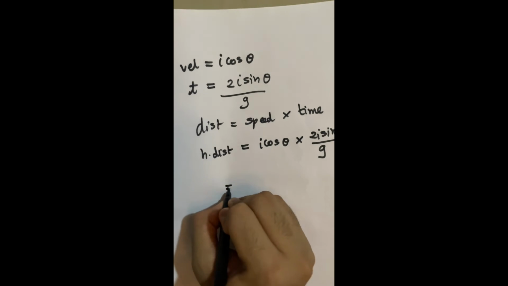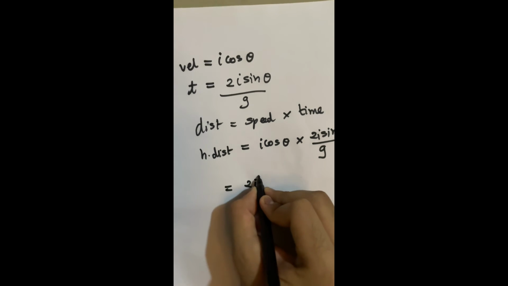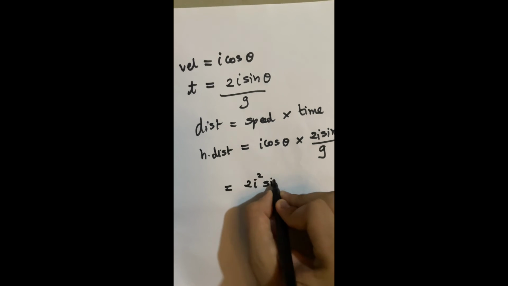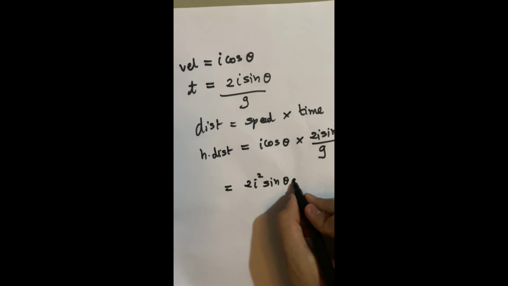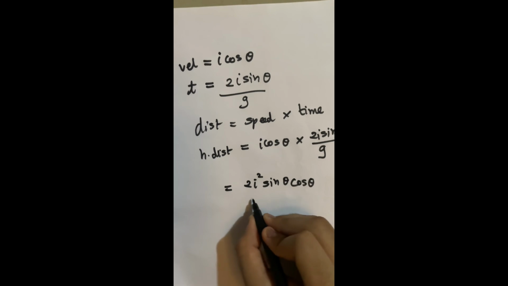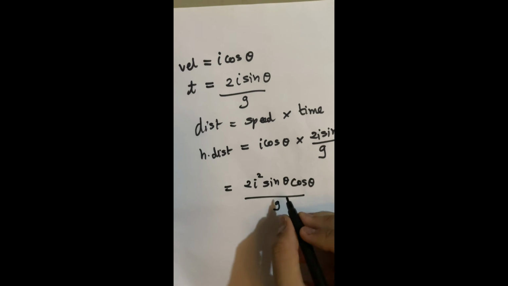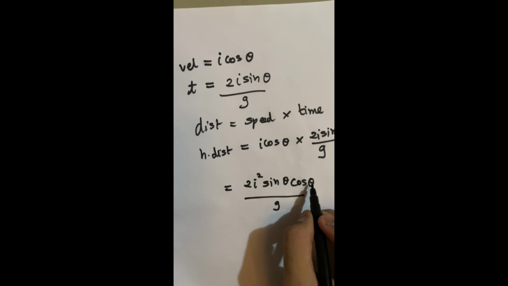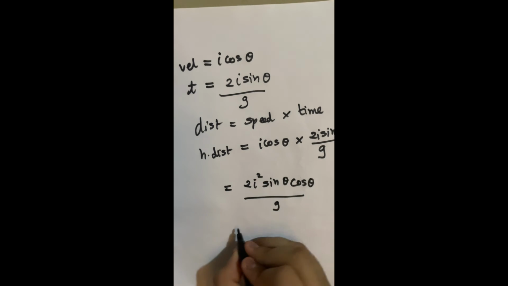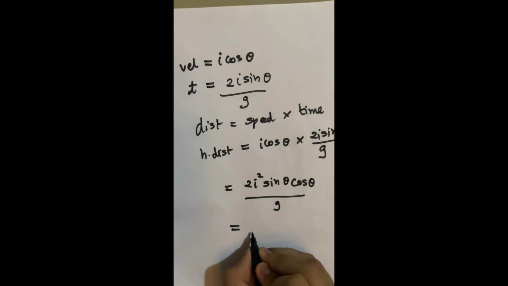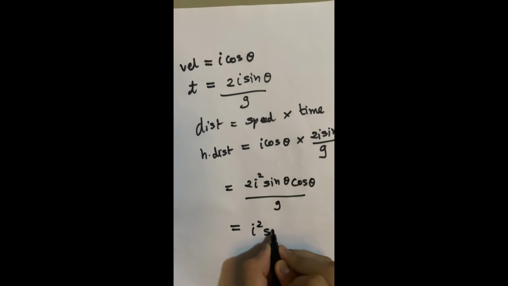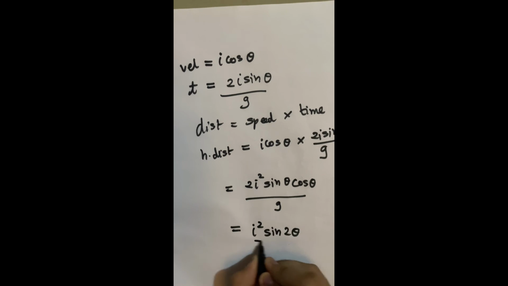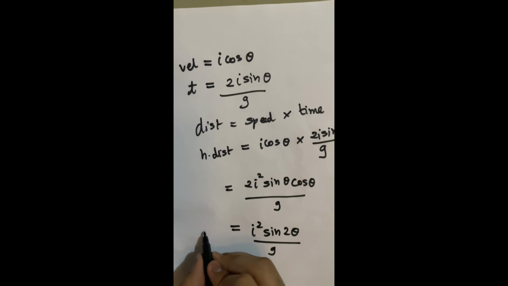So this will be 2I square sine theta cos theta upon g. Now, if you know your trig formulae, you will know that 2 sine theta cos theta is also equal to sine 2 theta. So we can further simplify it as I square sine 2 theta upon g. And this will be the horizontal distance.